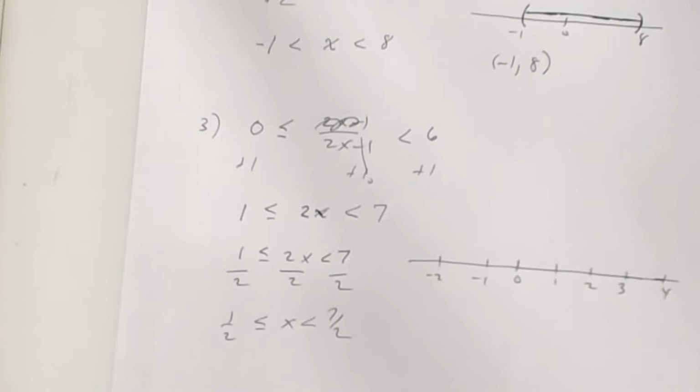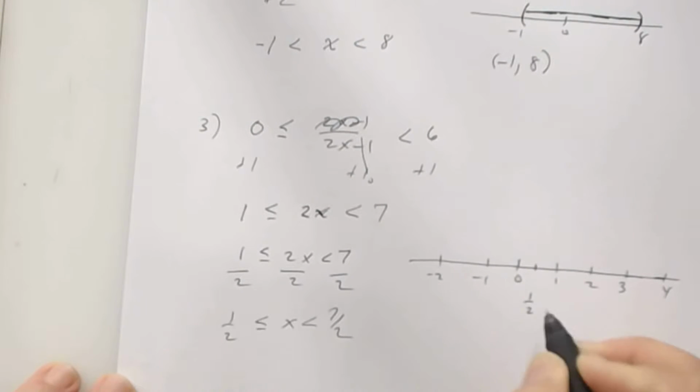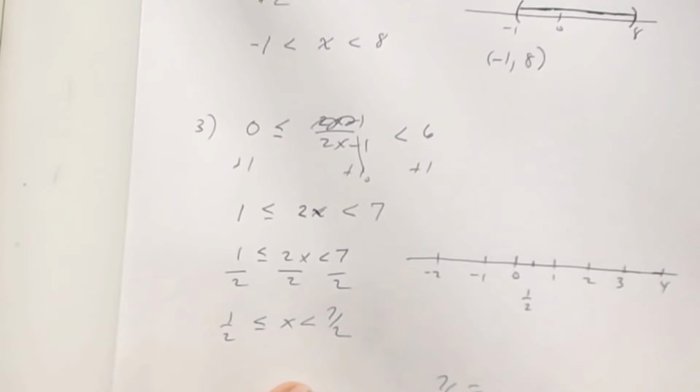1/2 is easy because it's a proper fraction. Where's 1/2 located? Halfway between 0 and 1. So I'm going to put 1/2 right here. Now 7/2, you may want to rewrite. 7/2 is proper, improper? Improper. So you may want to rewrite 7/2 as a mixed number.